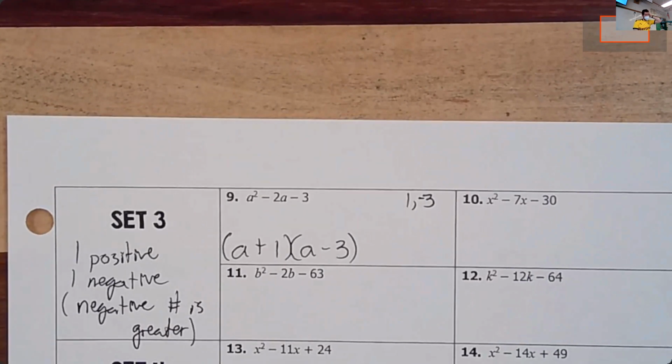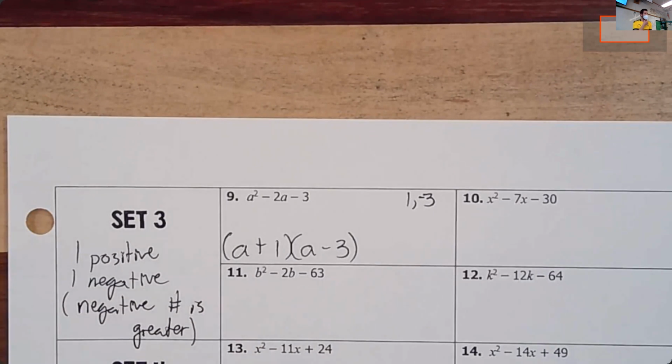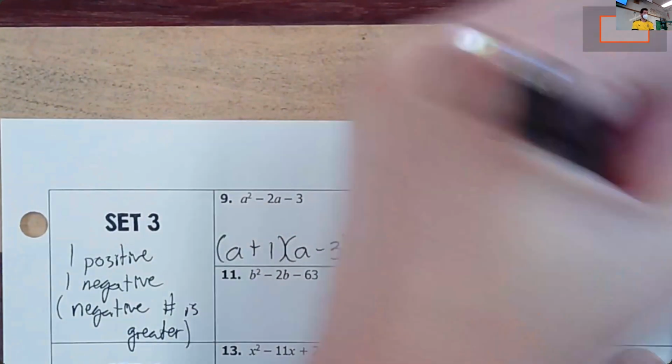For number 10, there's going to be more factors with 30, but we have to add to equal a -7. One of them is positive, one of them is negative. They multiply to equal -30. What do we think? And if you don't know, just give me two numbers that multiply to equal 30. We can start with that. 10 and 3. All right. Does that work?